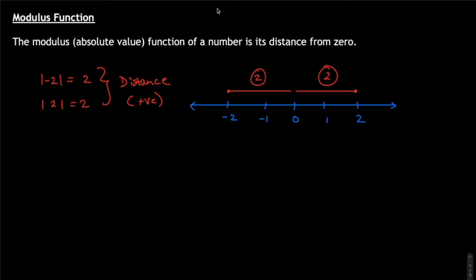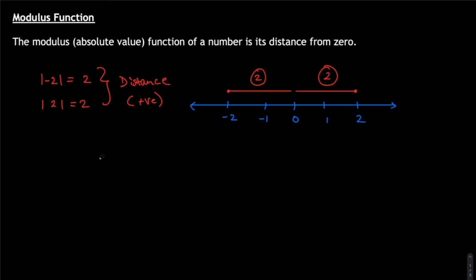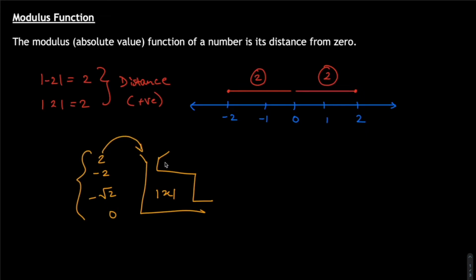For example, let's assume we have a function, and our inputs are 2, -2, negative square root of 2, and 0. This is what we enter in the function. Think of the function as a machine, and my function is modulus of x. If I insert all of them, they spit out a corresponding value.